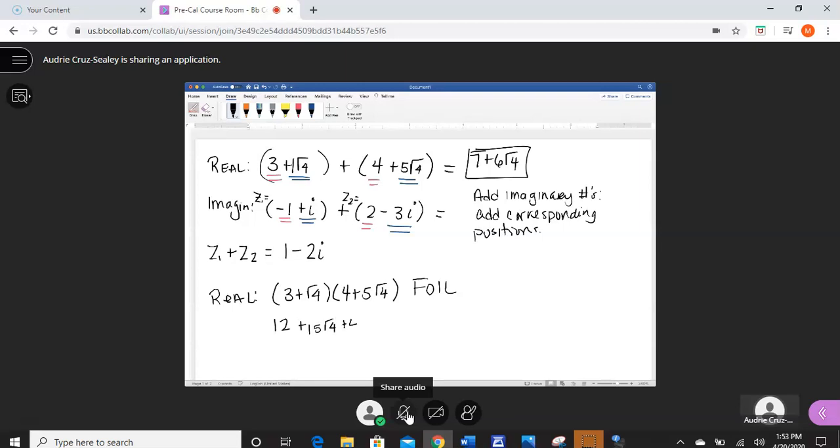Inner would be 4 the square root of 4. And last would be 20. So then you would get 32 plus 19 the square root of 4. And that would be the answer if you were doing real numbers. So I literally just FOILed it.